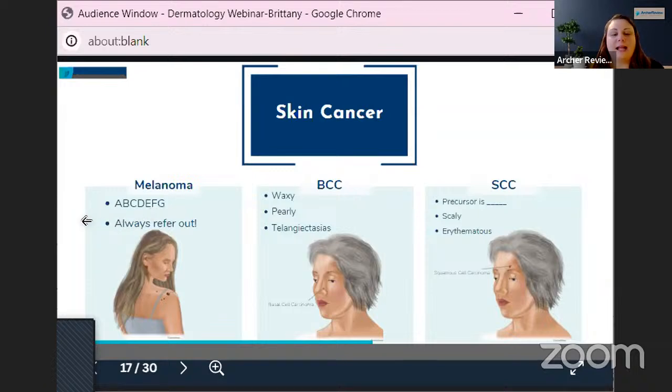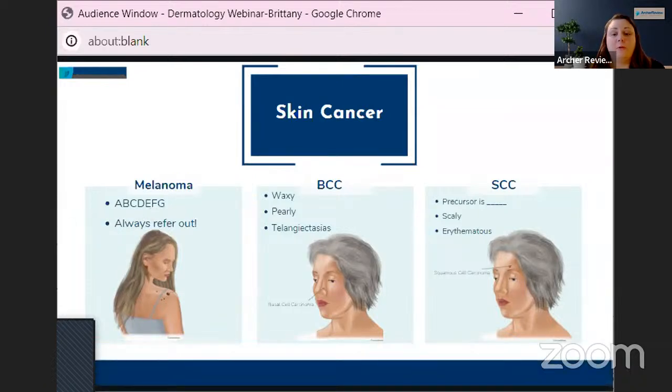I just tell patients, look, we're going to chart what this looks like, but the best person to look at this every day is you at home. So if this is changing, if anything is looking concerning to you, you need to give us a call back. We'll send you to dermatology.